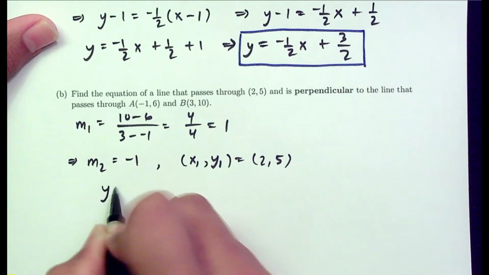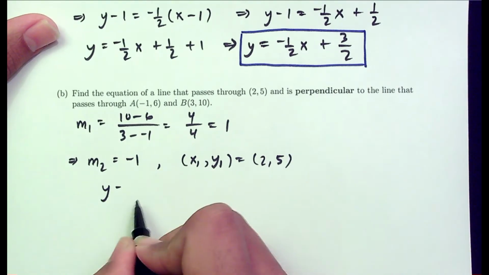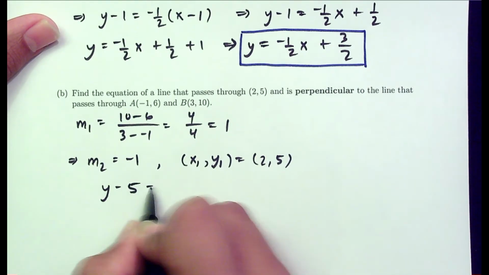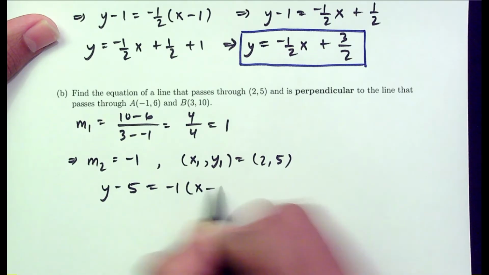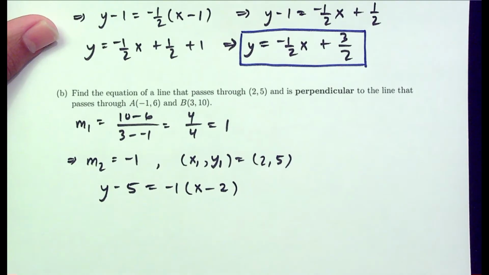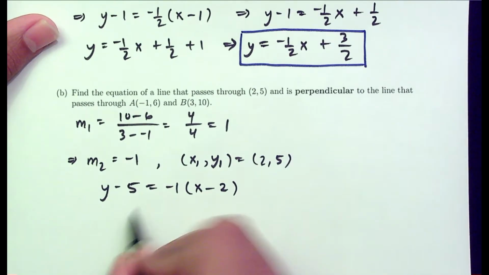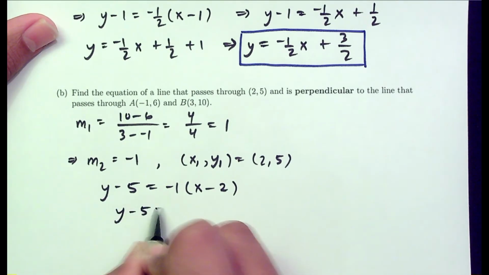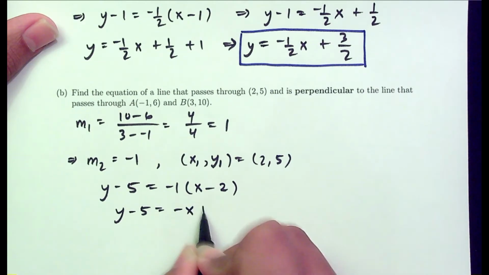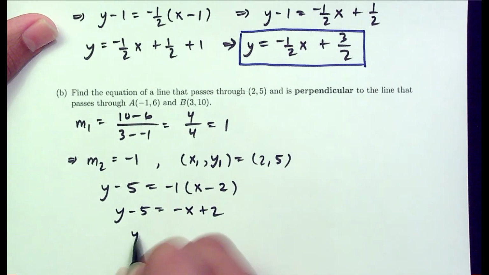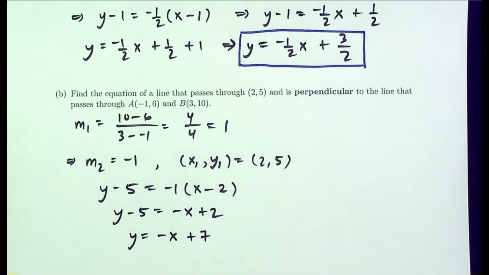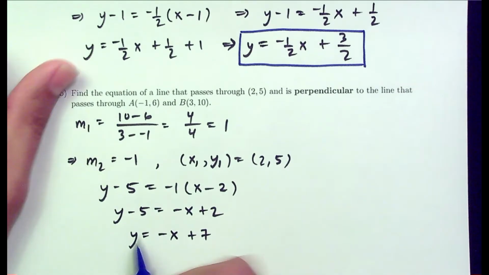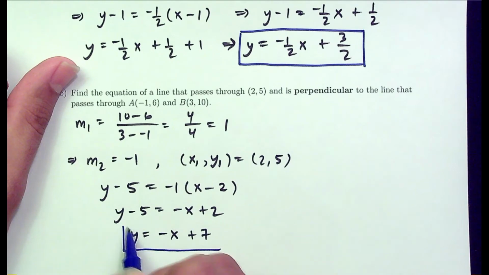The equation is y minus y1. y1 is 5, equals m. m is -1, times x minus x1. x1 is 2. So now we simplify. This is y minus 5 equals -x plus 2. And then move the 5 over, we're adding 5. So the answer is y equals -x plus 7.